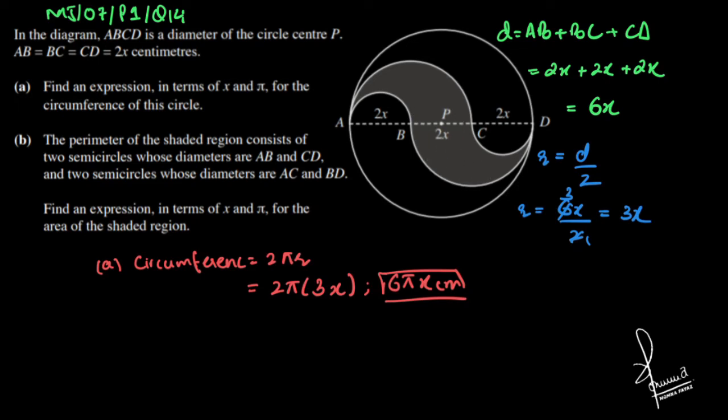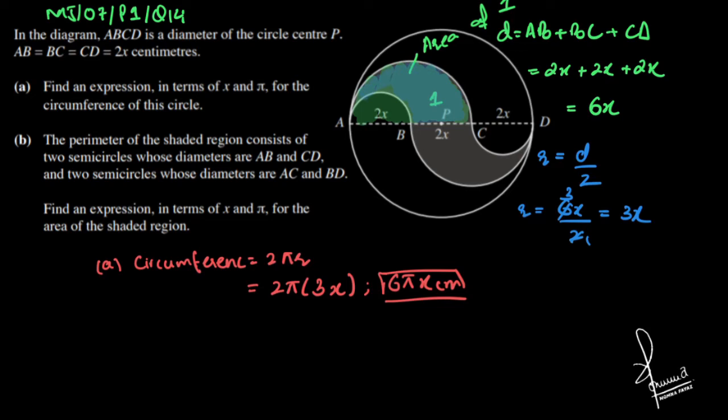The question wants you to find an expression in terms of x and pi for the area of this shaded region. If you look closely, if I shade this bigger semicircle, then I get this area. Let's say this is area 1. Now the shaded region that we have is this one.